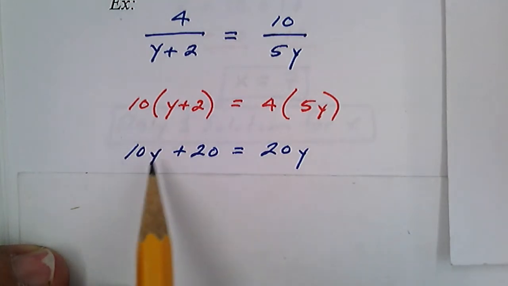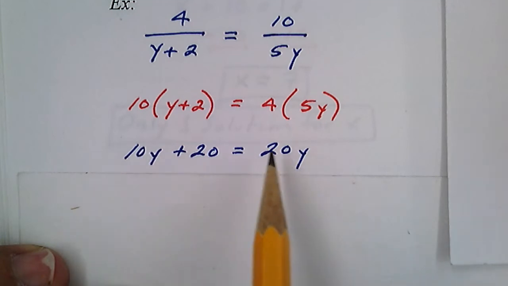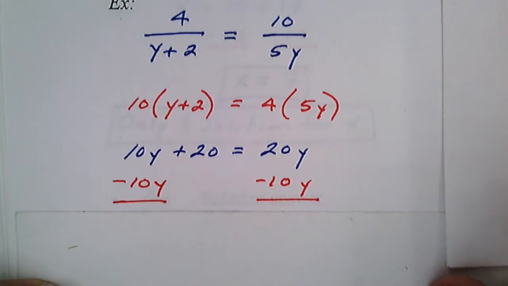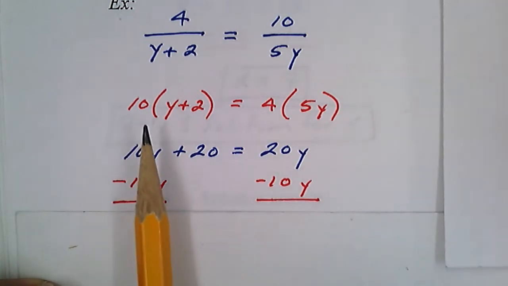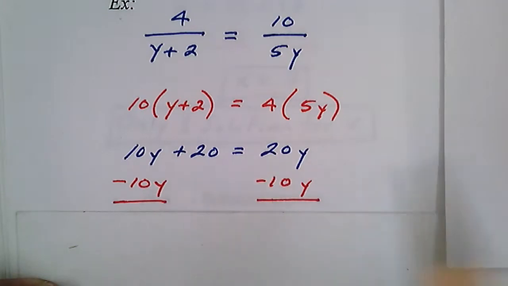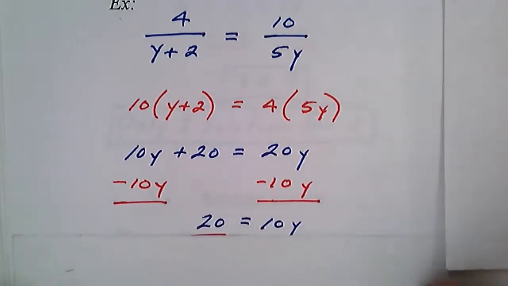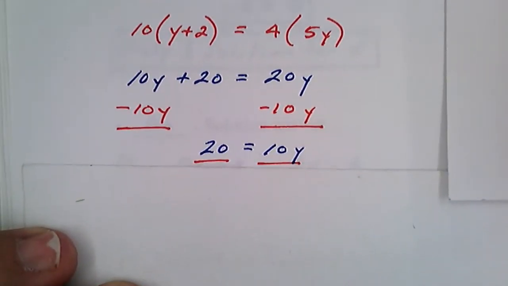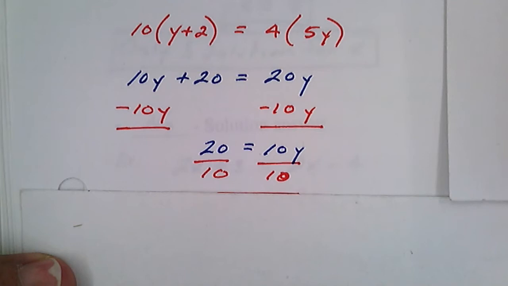So I've got 10y over here, 10 yogurts here, and I got 20 yogurts here. So the next thing I want to do is subtract 10y from both sides. These are going to cancel. And I'm going to get 20 is equal to 20 minus 10. So that's going to be 10y down there. And I get 20 is equal to 10y. I'm going to divide by 10.